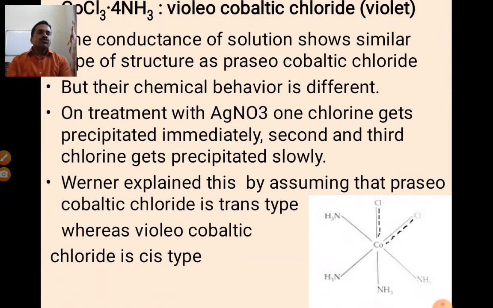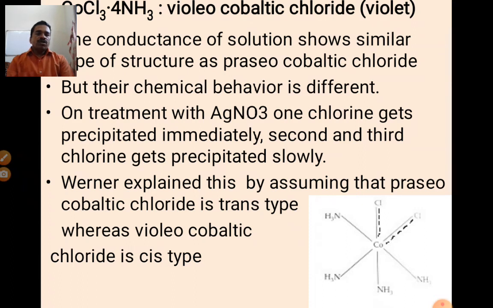The next complex was violet in color and has the same molecular formula as the previous, CoCl3·4NH3, which is named violeo-cobaltic chloride. The difference is that the previous was green in color whereas this is violet in color. Its molar conductance and treatment with AgNO3 also indicate the same evidences as the previous one.